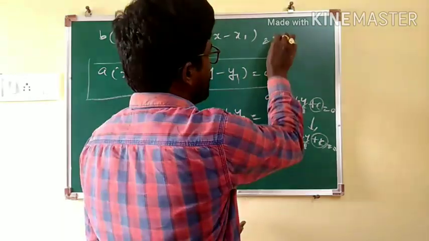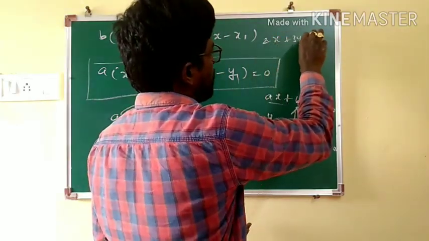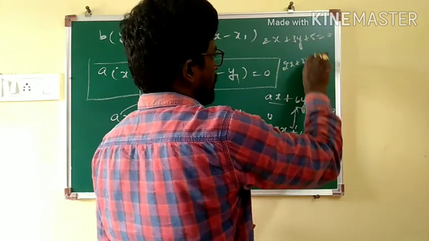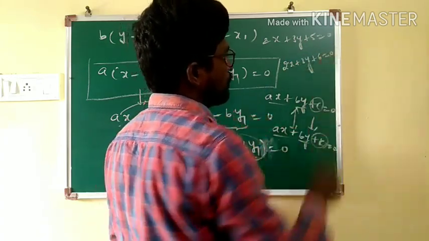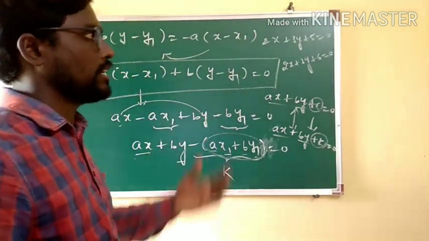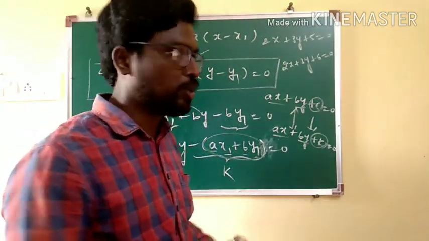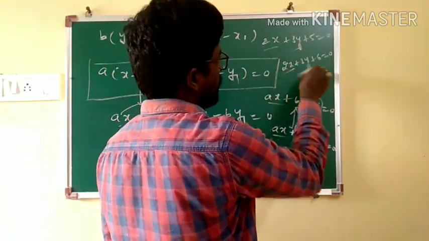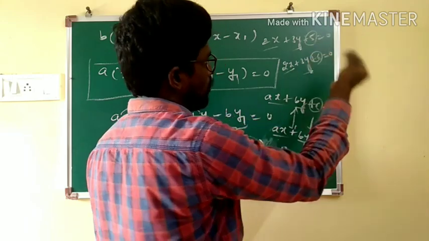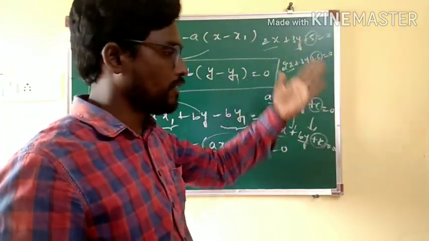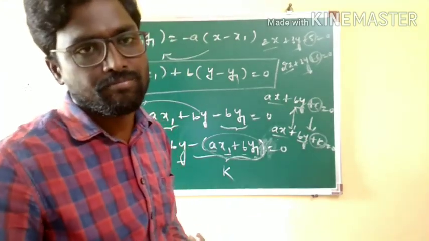Let's say the given line is 2x plus 3y plus 5 is equal to 0 and the other line is 2x plus 3y plus 6 equal to 0. Then can you say immediately whether these lines are parallel or not? Happily you can say just by checking their constants, because these two have the same terms and differ only by the constants, such as 5 and 6, so such kind of lines are going to be parallel.